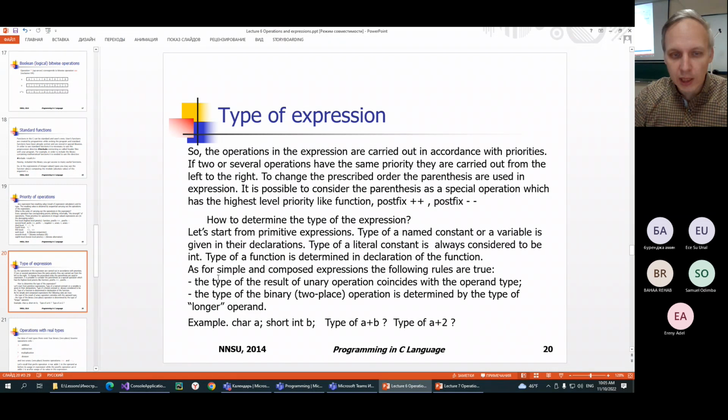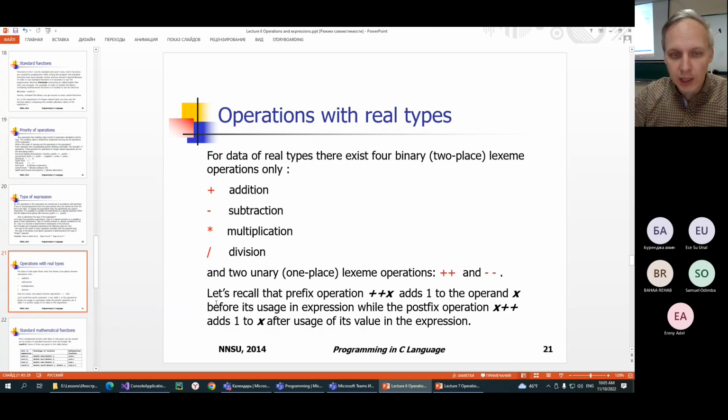So the simple rule is that the type of the result corresponds to the type of the longer operand. Okay, there are some operations with real data types. We consider two real data types, float and double.